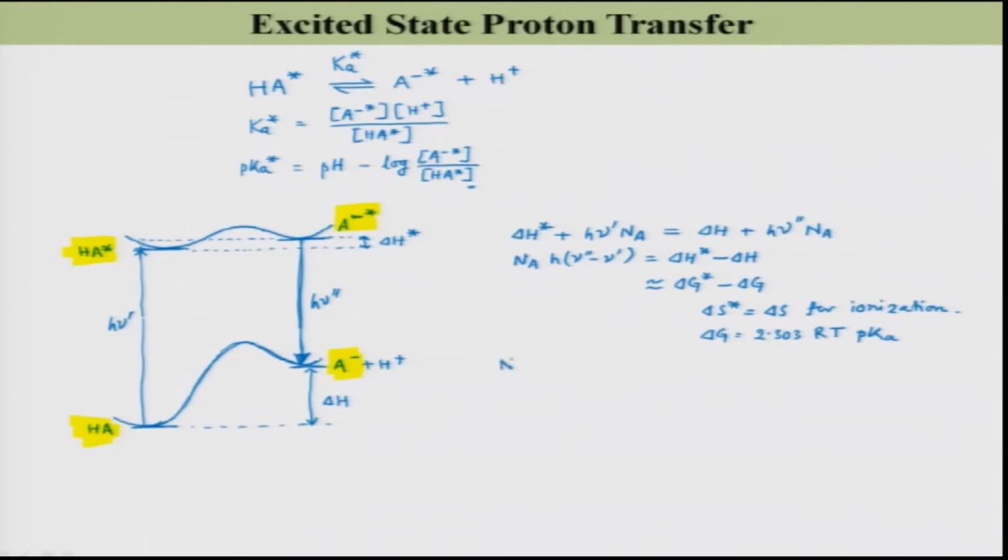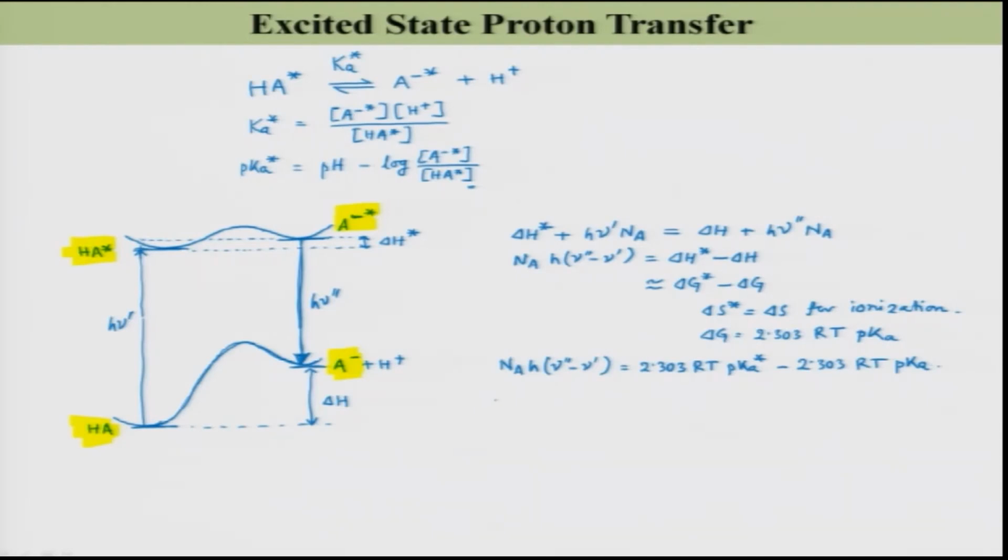So here I plug in these things. So, Na h, nu double prime minus nu prime, is equal to 2.303 RT pK star, because it is in the excited state, minus 2.303 RT pK because it is in the ground state, right.